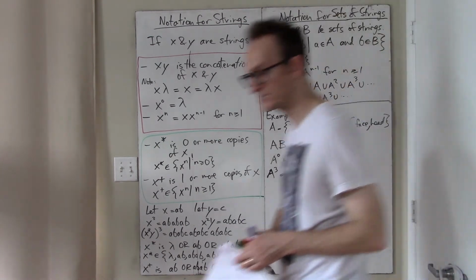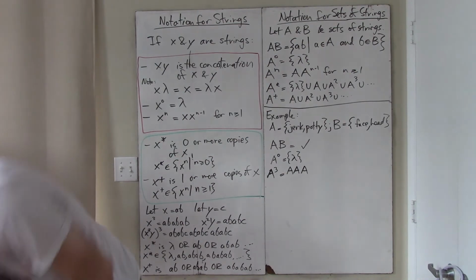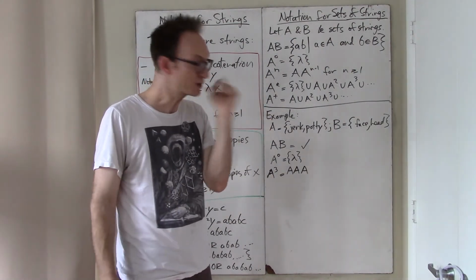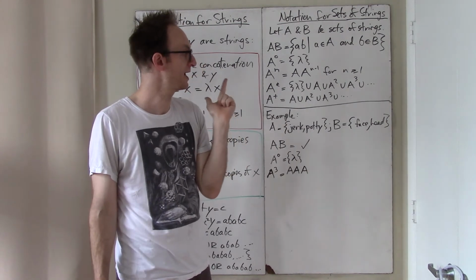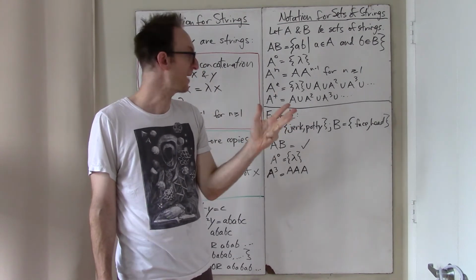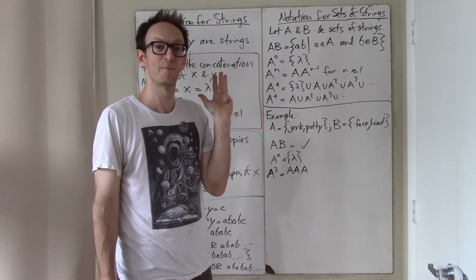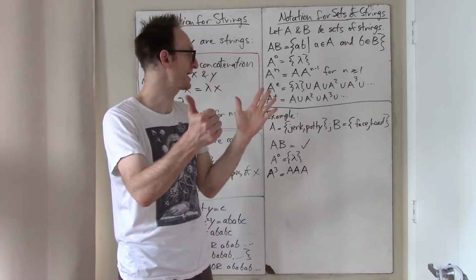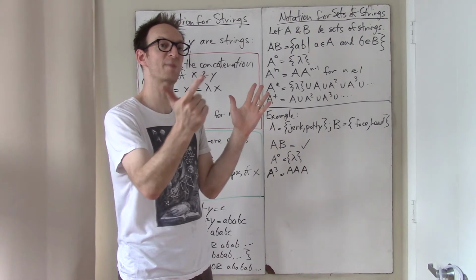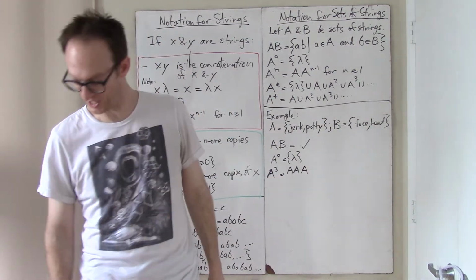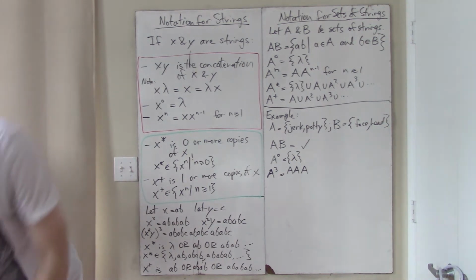So there are 8 things in A cubed. Jerk, jerk, jerk. Jerk, jerk, potty. Jerk, potty, jerk. Jerk, potty, potty. Potty, jerk, jerk. Potty, jerk, potty. Potty, potty, jerk. And potty, potty, potty are the 8 strings in A cubed. That was so much fun.